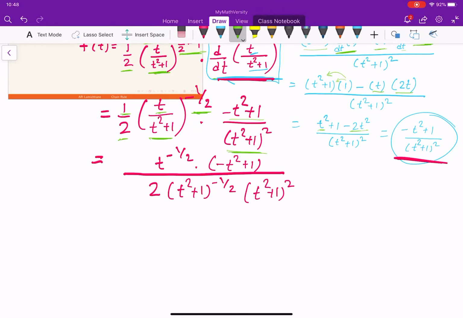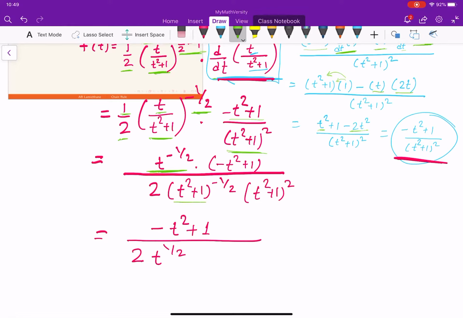Well, we can just leave it like that, or we could also simplify a little bit. T to the power negative 1/2, if you change it into the positive exponent, that will go down, right? So in that case, we have only negative t square plus 1 in the numerator, at the top. At the bottom, we have 2 as it is, and then this one, when you change it into the positive exponent, will be at the bottom, so t to the power 1/2.